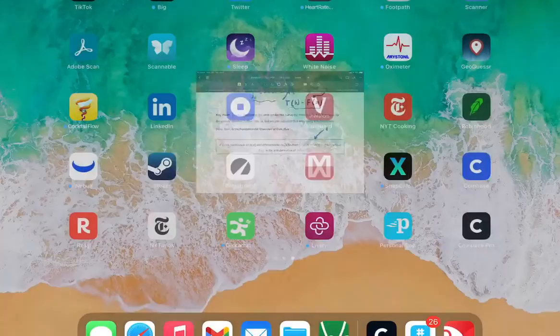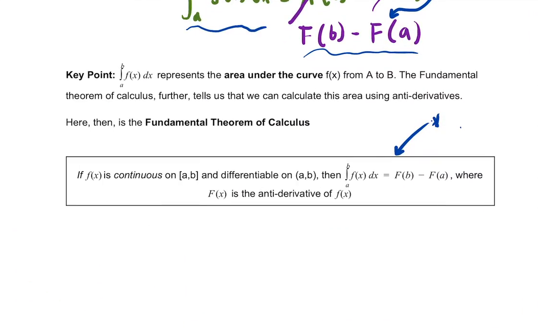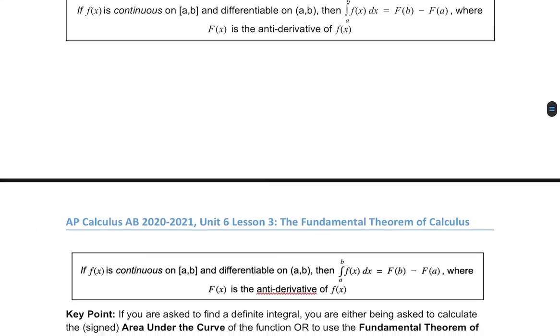This is up there with the derivative being the slope of the tangent line. The definite integral of f of x from a to b is equal to the antiderivative of f at b minus the antiderivative of f at a. That's a mouthful. You could also say capital F of b minus capital F of a when you're just communicating this really quickly. And so that's the fundamental theorem of calculus.